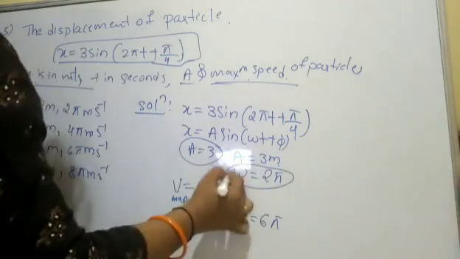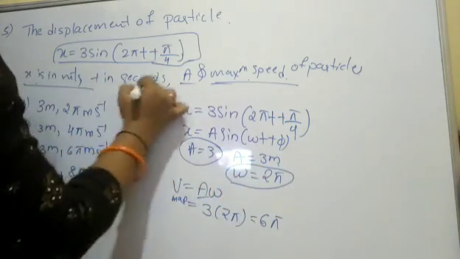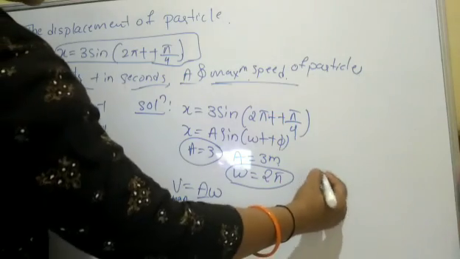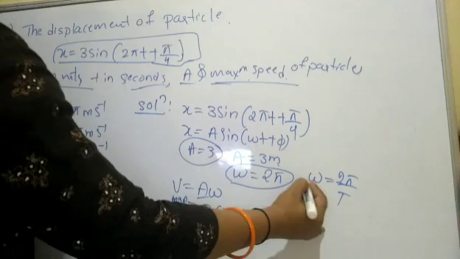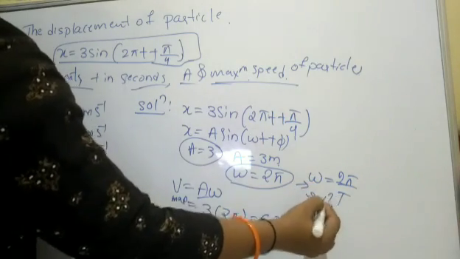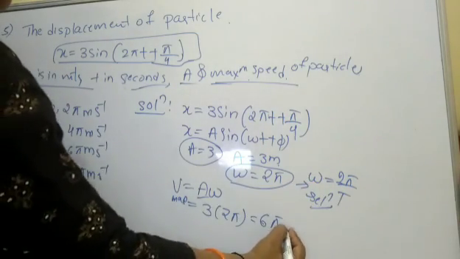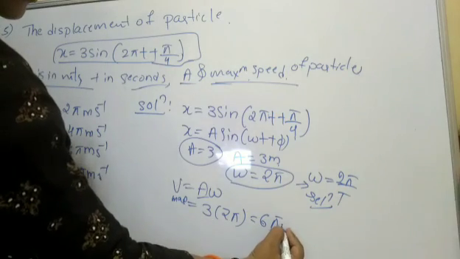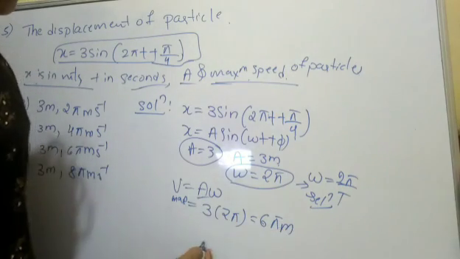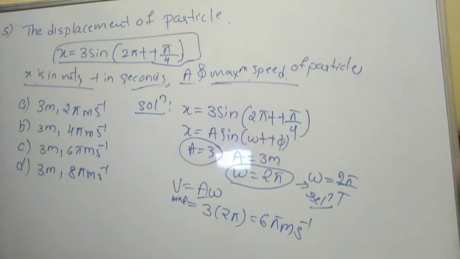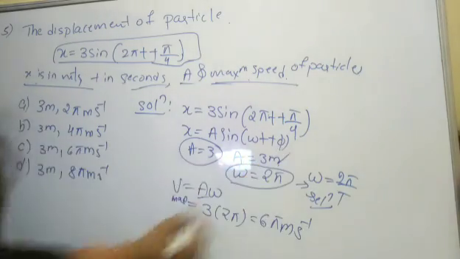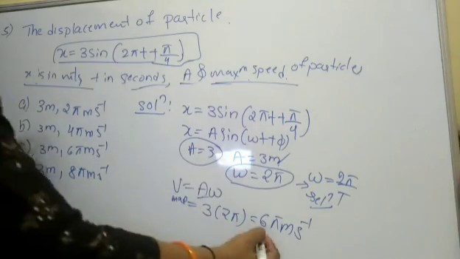Omega is in terms of per second, because the relation is omega is 2 pi by T. Amplitude is in meters, omega is per second, so that is 6 pi meter per second. So the amplitude is 3 meter, velocity is 6 pi.